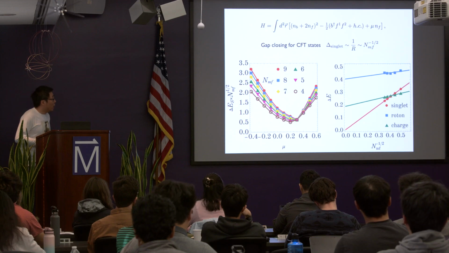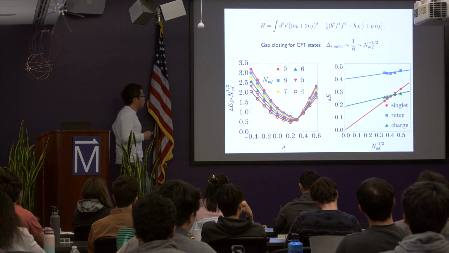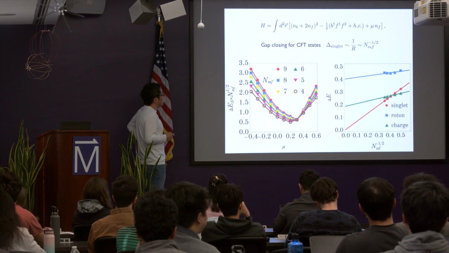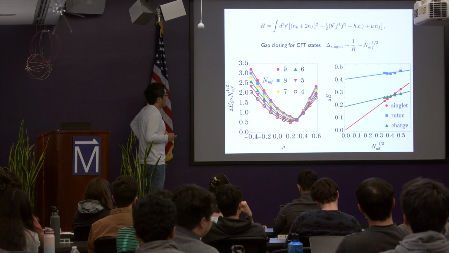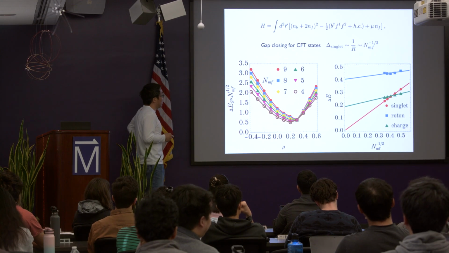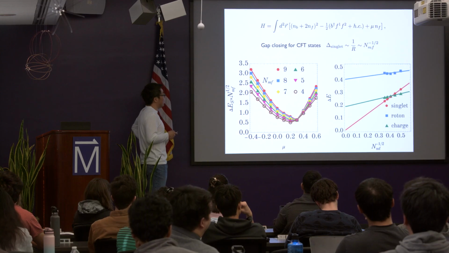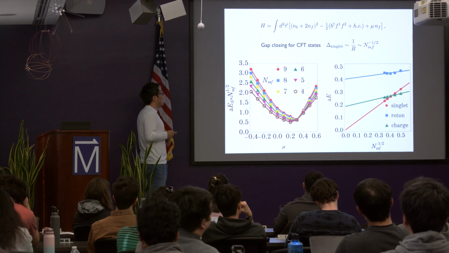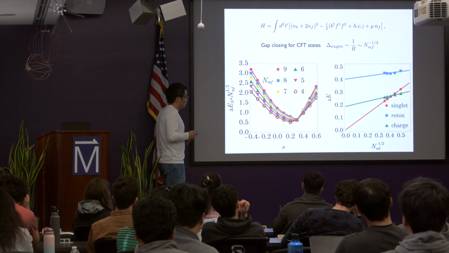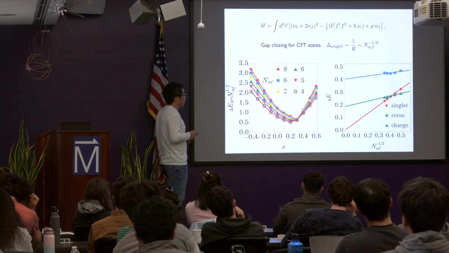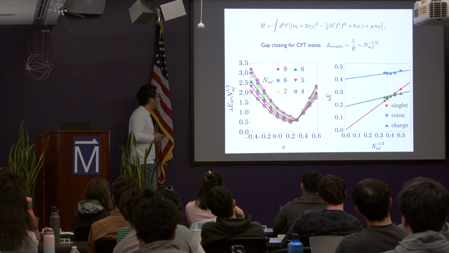Okay, so now the first thing we can check is whether at the phase transition the gap closes. For a CFT, we should expect the gap to behave as 1/r, or proportional to N_φ to the power -1/2.